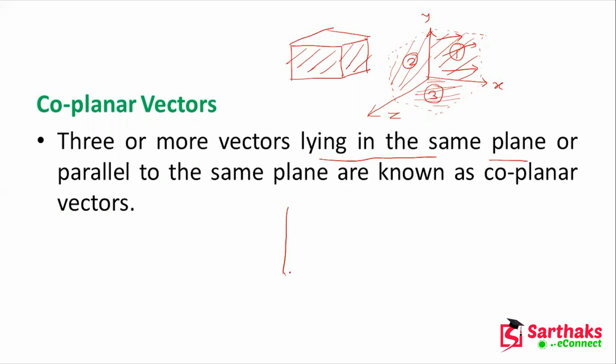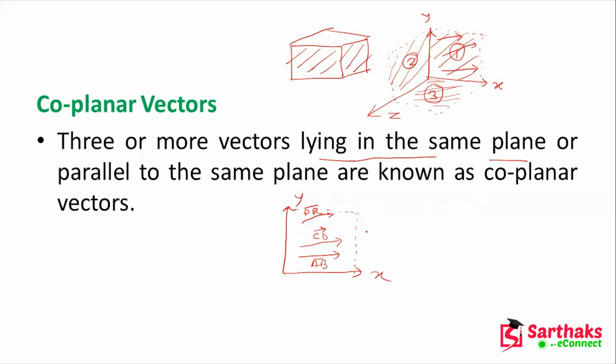Let me draw this very clearly. X, Y, and this is the plane. Here I have the AB vector, the CD vector, and maybe another PQ vector, right? All these will be in the same plane.